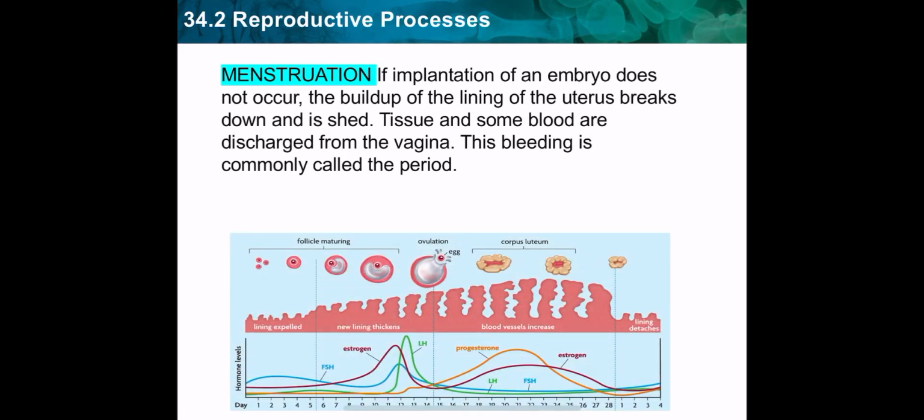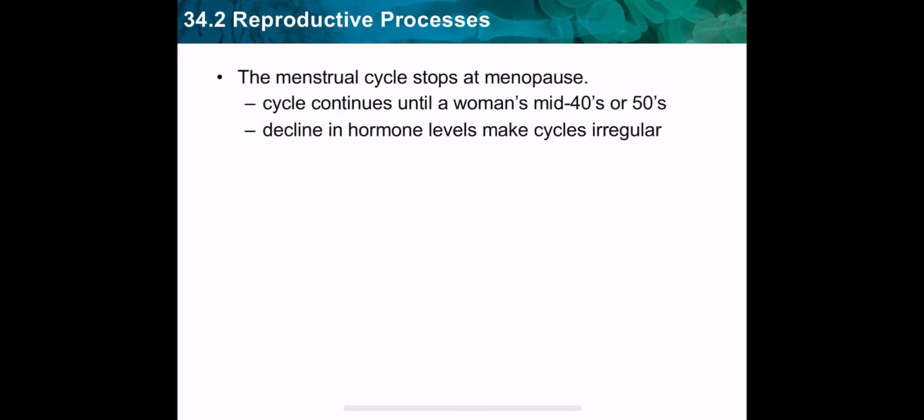This is menstruation. After menstruation comes the follicular phase, ovulation, the luteal phase, and again menstruation. When does the menstrual cycle stop? It stops at menopause.